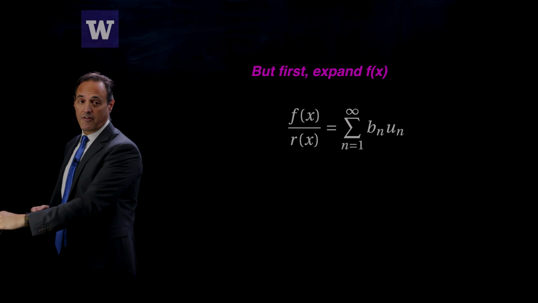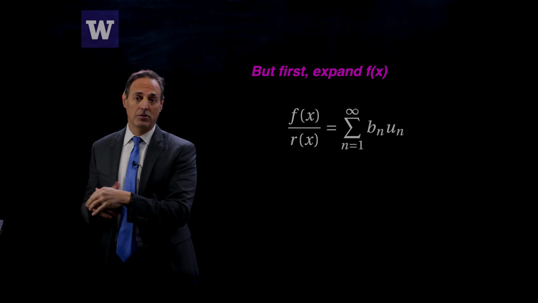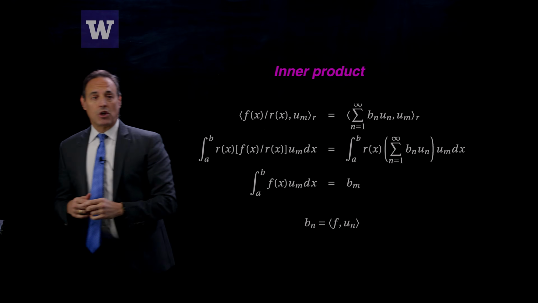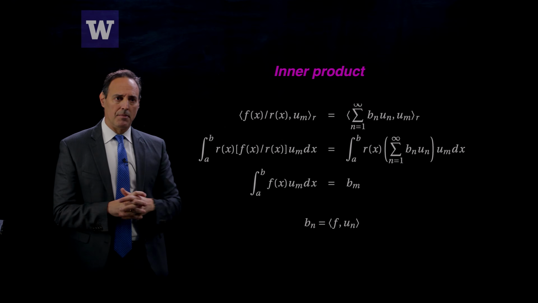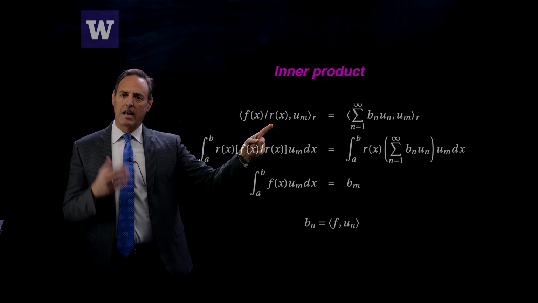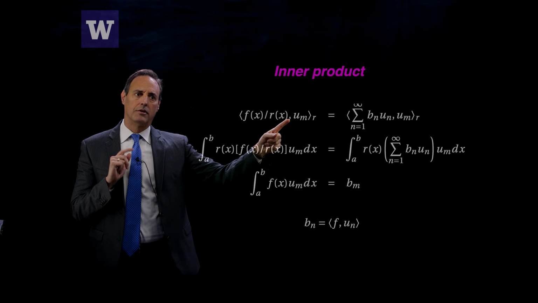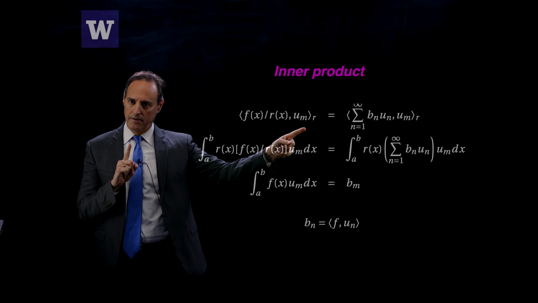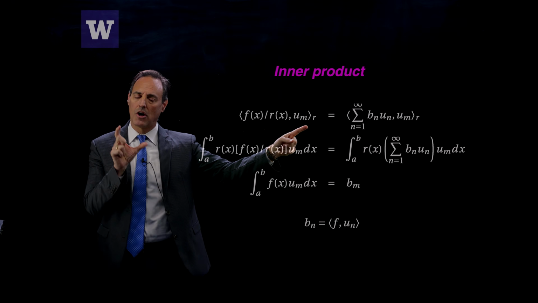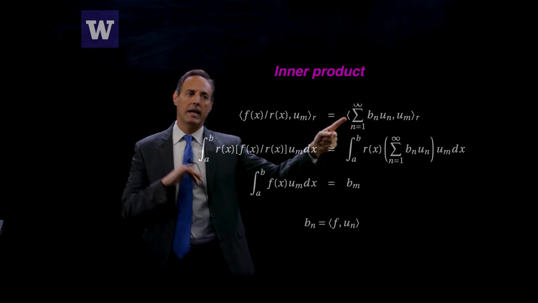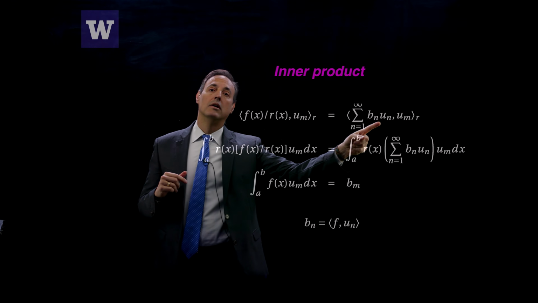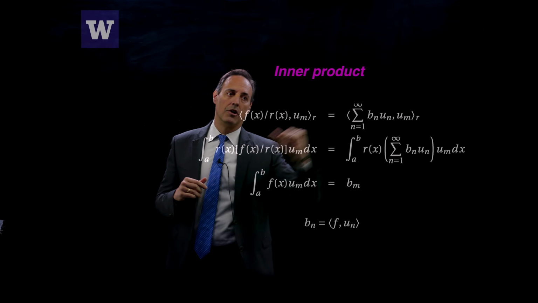The way we're going to find the b of n's is just like we always do. Take the inner product, use orthogonality. So here are the steps. I'm going to take this f of x over r of x, and take the inner product with respect to u of m in the R norm. So this is important. On the right-hand side, I take my expansion, sum of b of n, u of n, inner product with respect to u of m in the R norm.